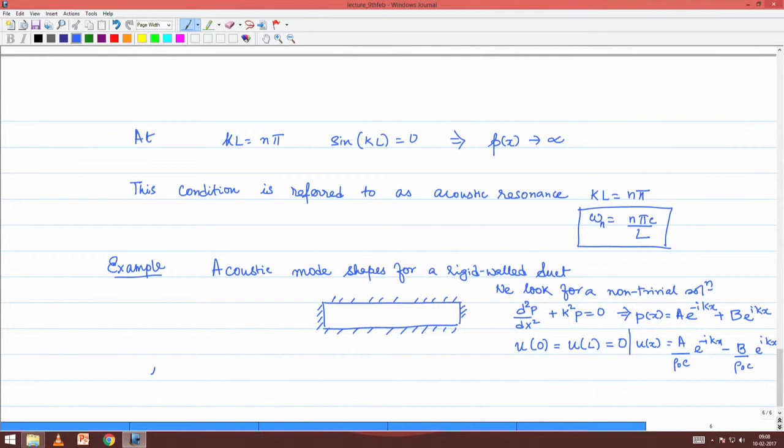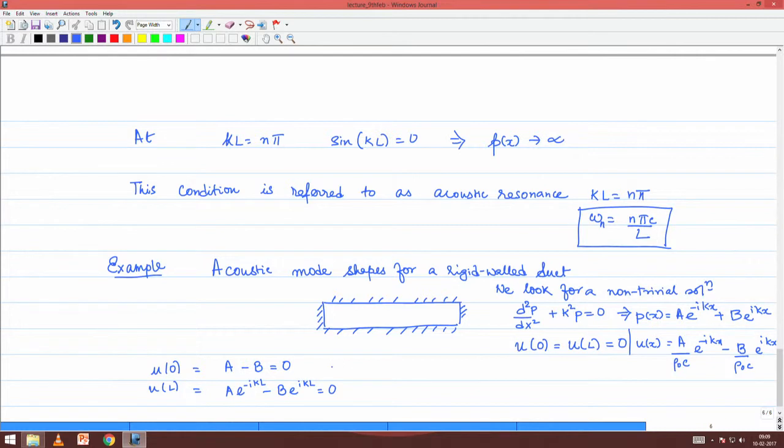So, now from this, u at 0 will lead us to the condition that A minus B has got to be 0, rho naught c is a constant. So, that does not bother us, and the u at L condition gives us A e to the power minus i k L minus B e to the power i k L, that also has got to be 0.